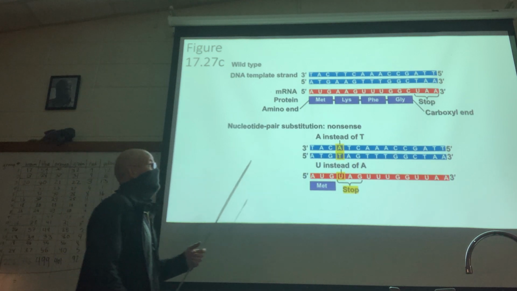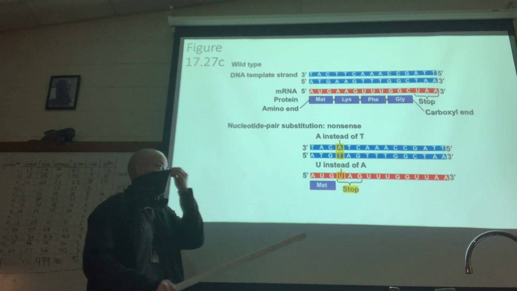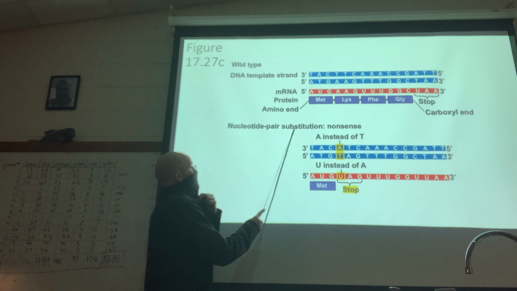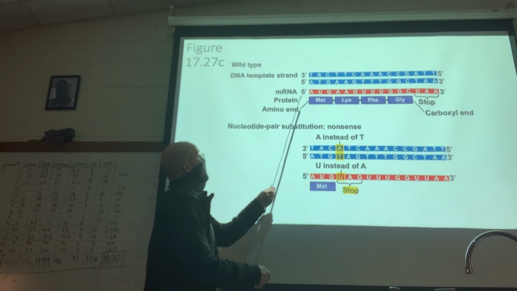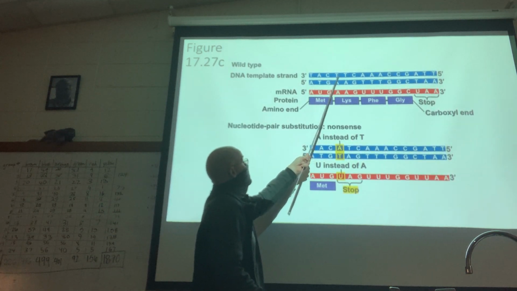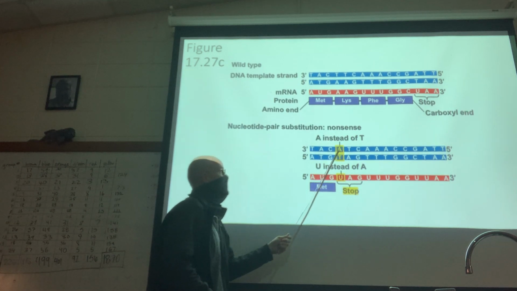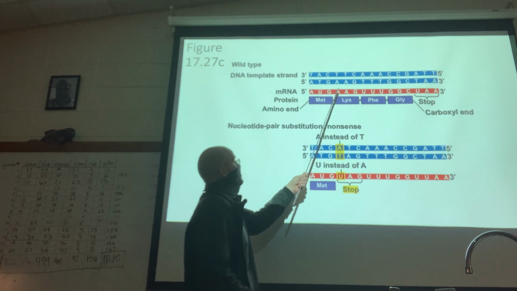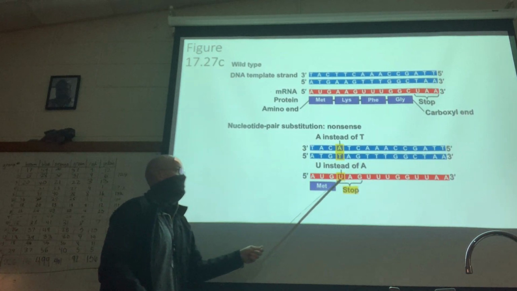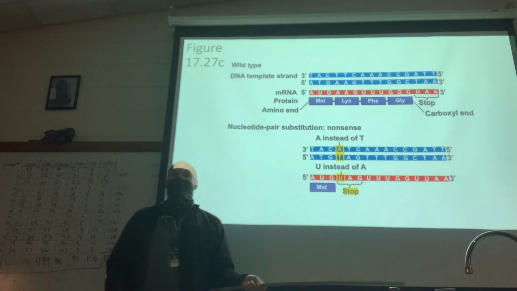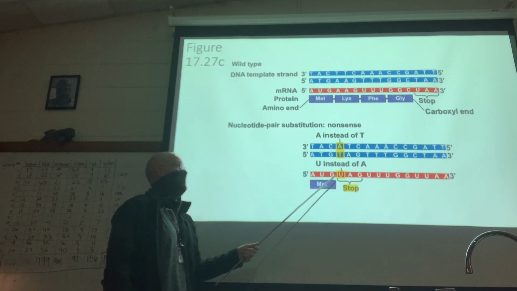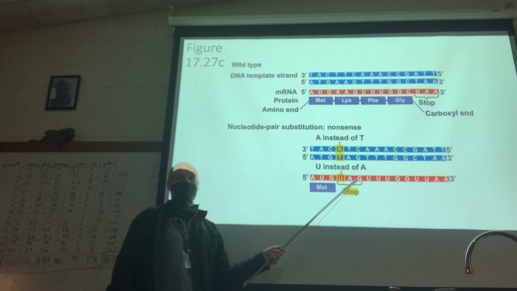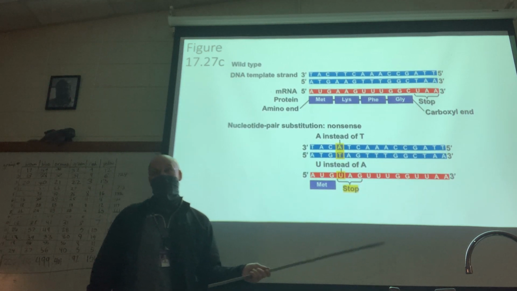All right, a third of these mutations. Again, here's a substitution where instead of a T, we now have an A, and that A, instead of coding for an adenine in the message, is now a U. And UAG is a stop codon.